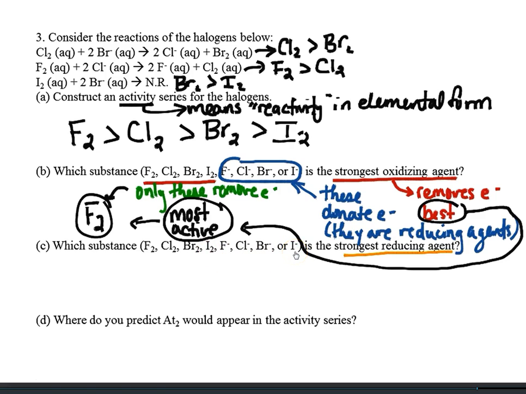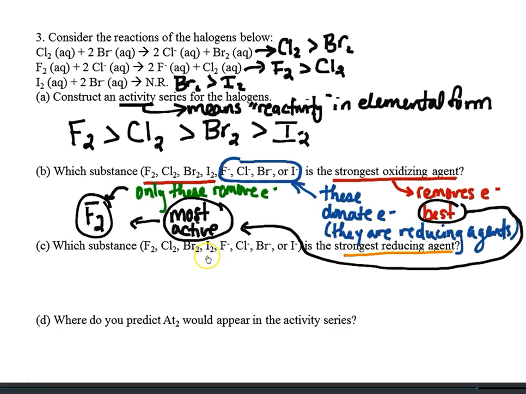So just like a strong acid has a weak conjugate base, it's the same issue, it's about stability. The more stable I2 is, the less stable I- is. So the weaker I2 is as an oxidizing agent in terms of taking electrons away from something, the stronger I- will be as a reducing agent.